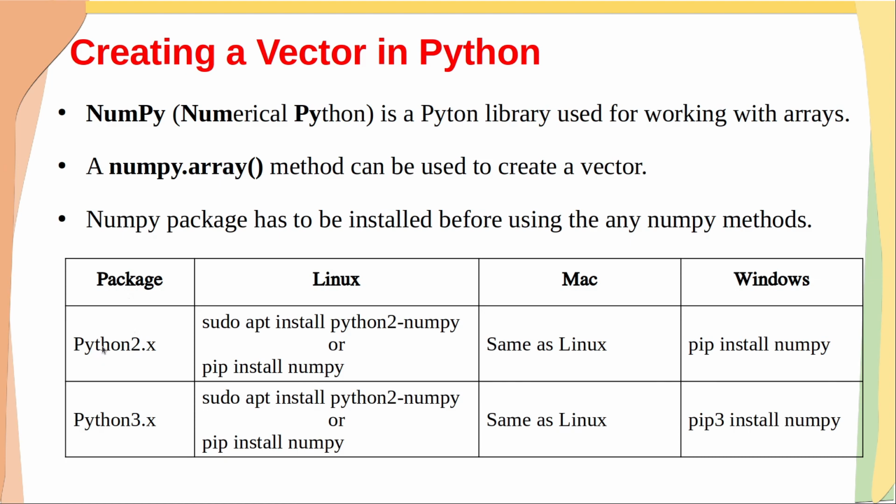If you are using Python 2 and above, you need to follow these instructions, whereas if you are using Python 3 and above, you need to follow these instructions. Say for example, if you are using Python 3 on Linux operating system, there are two commands to install the NumPy library. Go through this table. Depending upon which version of Python you are using and which operating system, you can install the library.